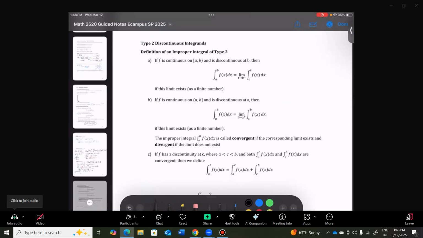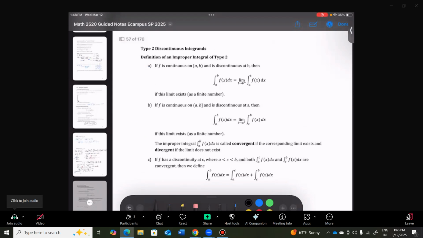Now, there's another type of improper integral called type 2. This is discontinuous integrands. If f is continuous from a to b and is discontinuous at b, then the integral from a to b of f of x is equal to the limit as t goes to b from the negative side of the integral from a to t of f of x dx, if this limit exists as a finite number.